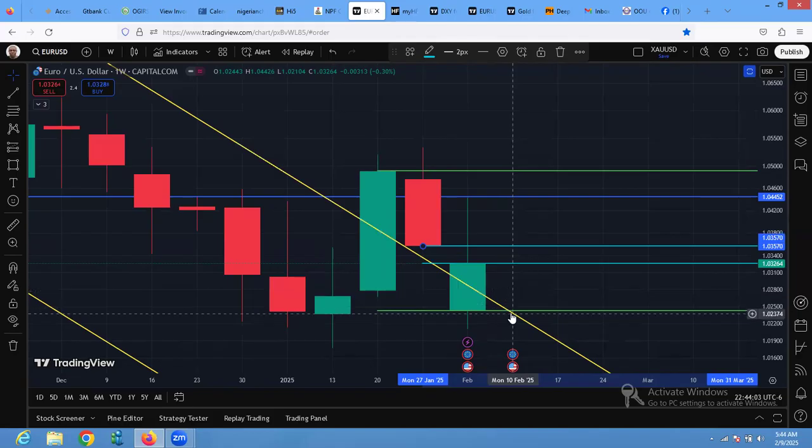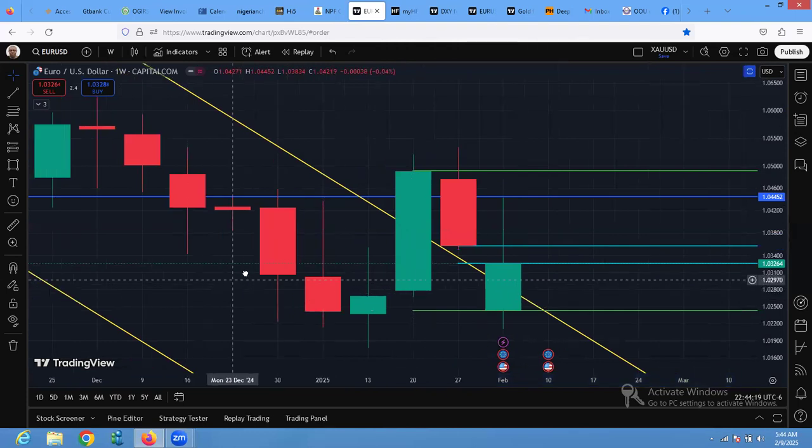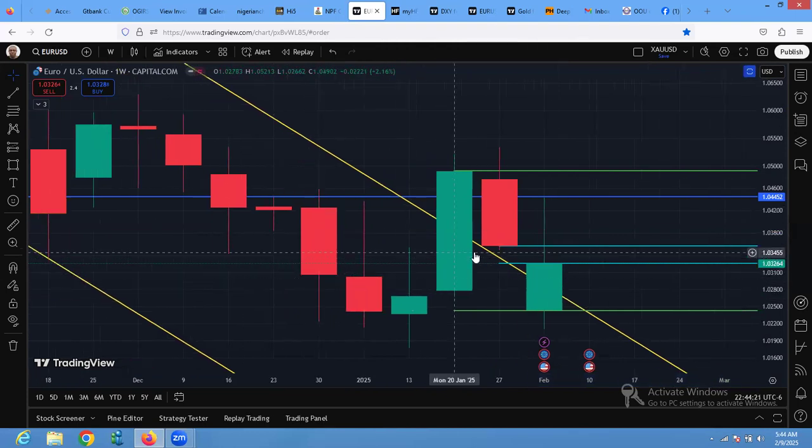Now, a daily close below this area will give us more potential to break this area. That is what we can see. But in terms of us trying to read the candle, it's looking more like price has this tendency to go bullish. That is what I can see.